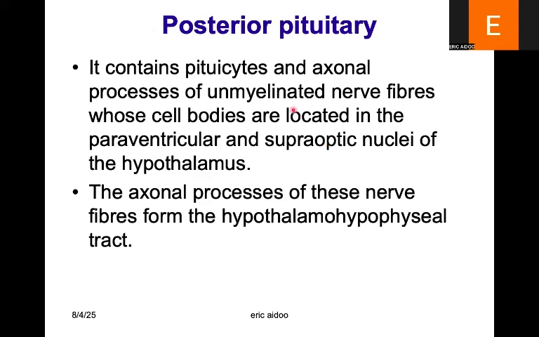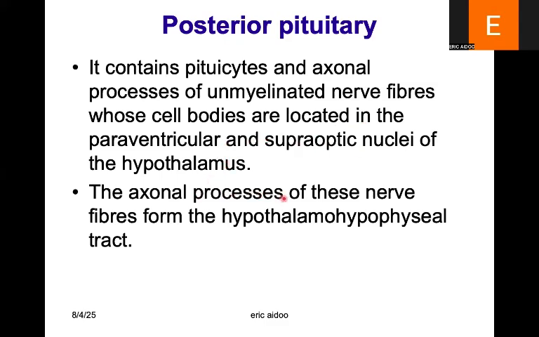Also, the posterior pituitary contains pituicytes. These are cells located in the posterior pituitary, along with axonal processes of unmyelinated nerve fibers. Remember, these come from the hypothalamus, whose cell bodies are located in the paraventricular and supraoptic nuclei of the hypothalamus.